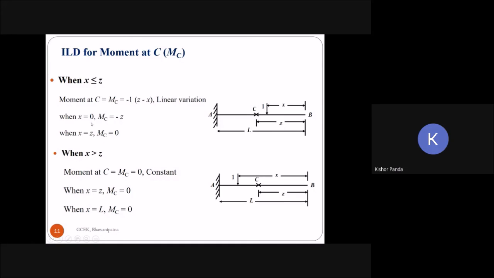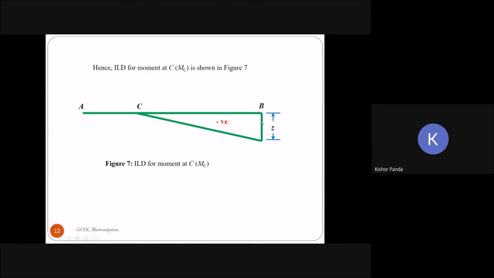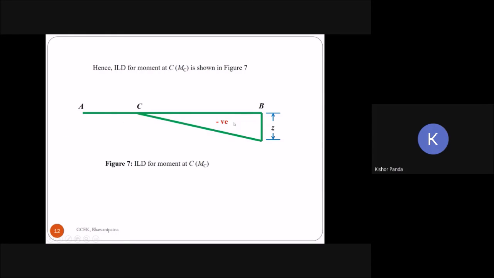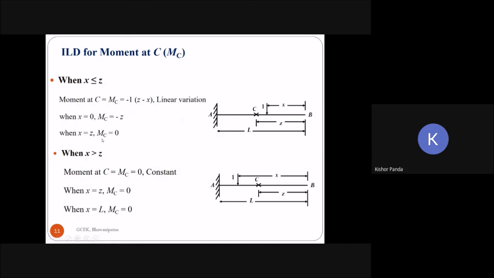When X is equal to 0, MC is equal to minus Z. That is at B, MC is equal to minus Z. Then when X is equal to Z, MC is equal to 0.